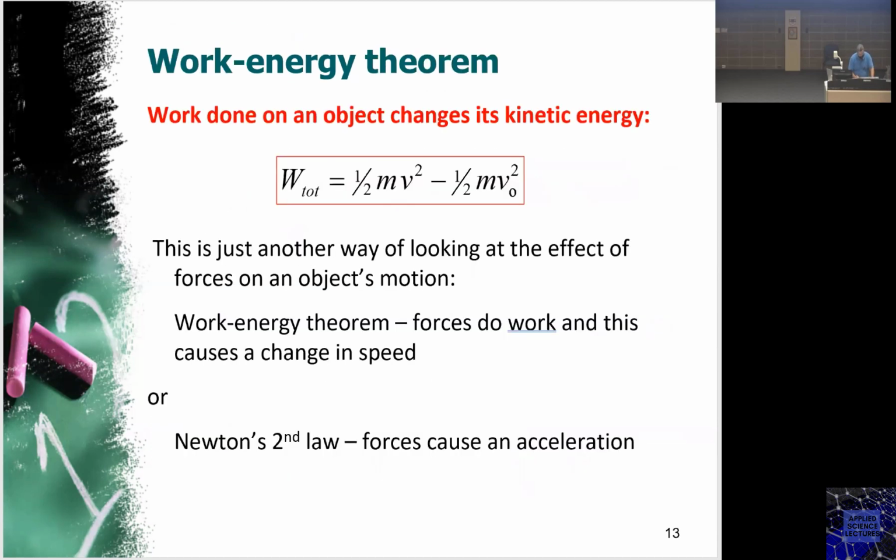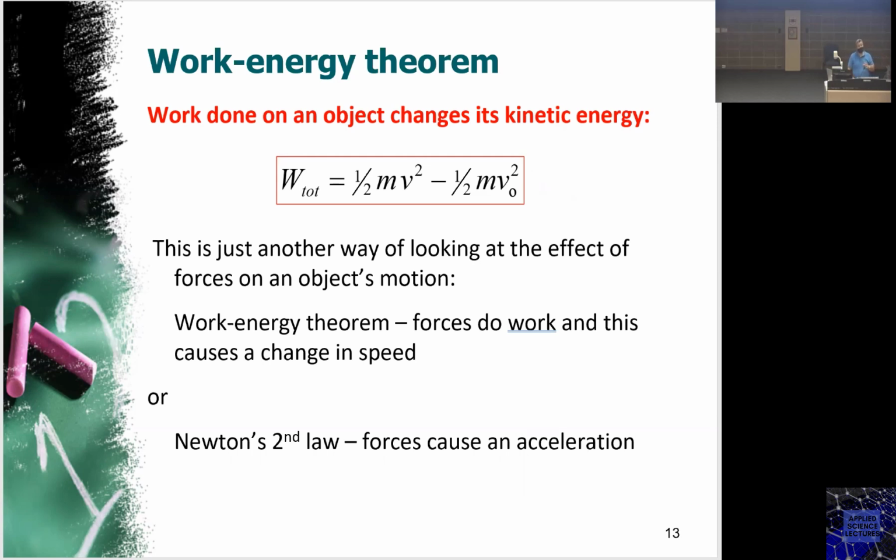Which means now I can say that this net work is indeed equal to the difference in the kinetic energy between the final and the initial. All this because of the force, all this because of the acceleration that resulted into a change in the velocity of the object.